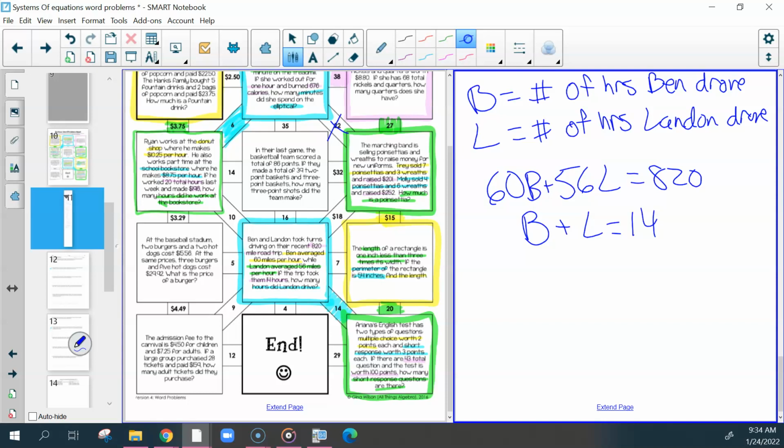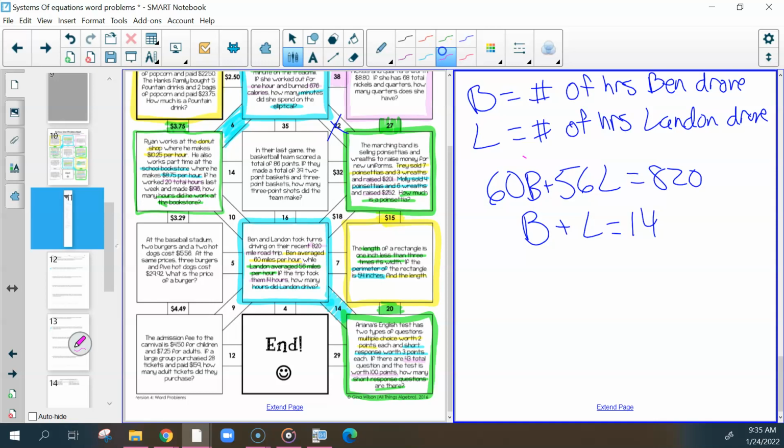Okay. Really, all three methods would work here. Which one do we want to use? Graphing? Okay. Anyone else choose a different one? Graphing it is. But because we chose B and L, we have to make these X and Y. Doesn't matter which one you make which.